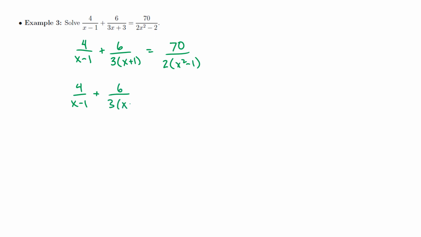and factor that even more. Now, I just want to make a little note here that if I wanted to, I could cancel out the 6 and the 3 to just put a 2 on top, and I could cancel out the 70 and the 2 to get rid of this 2 down here.